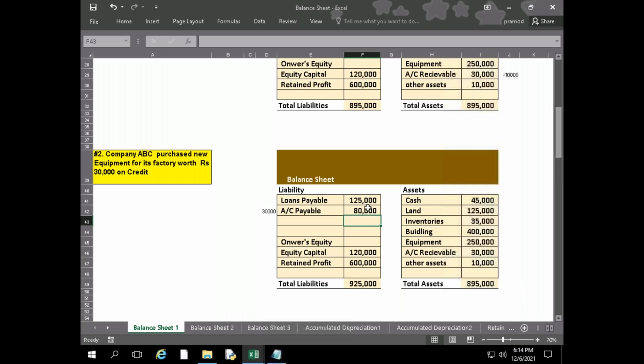Now, your account payable is 30,000 for the equipment, which means your equipment value is increasing. So 2,50,000 increases by 30,000 more, that means plus, so it should be 2,80,000. Now it is matching: total liability and total assets.